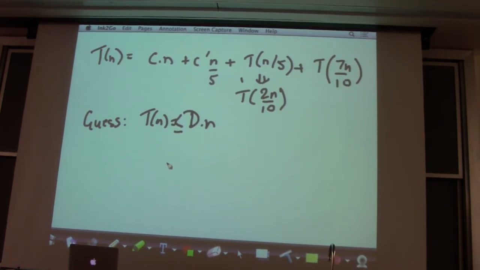Then you will get some number which will be less than. Yeah, because you're using induction. You're saying inductively that's assumed. So I can plug in the groups.